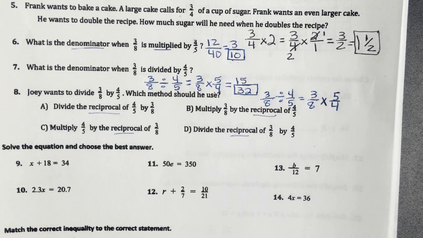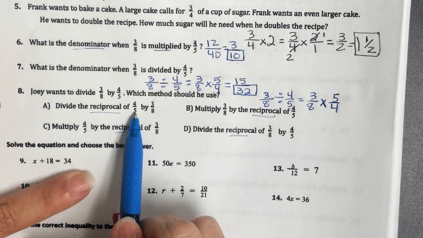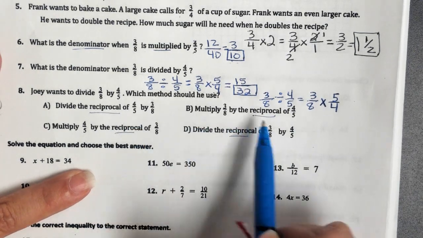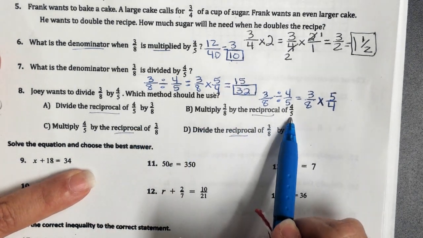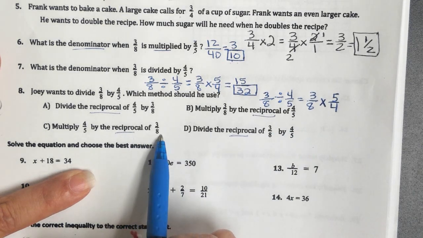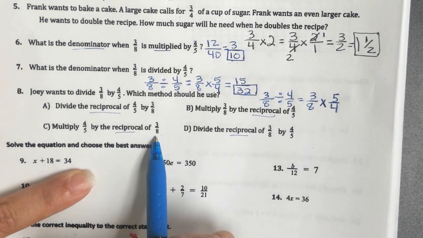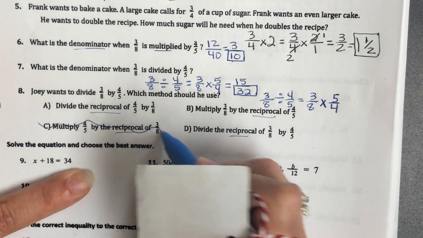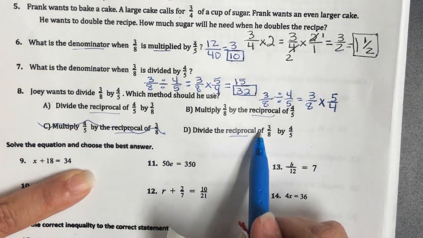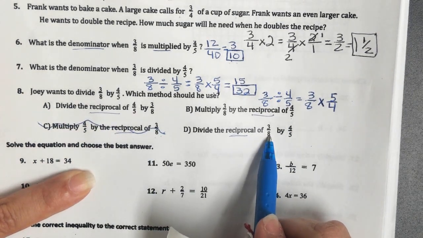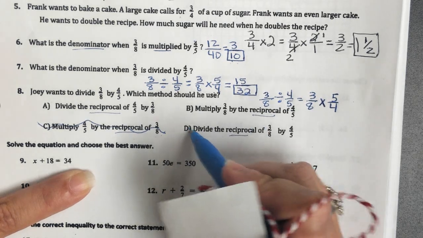So that's the first thing you want to look for in these definitions or sentences. Did you reciprocal 4/5, right? The reciprocal of 4/5. Did you reciprocal 3/8? No, we didn't reciprocal 3/8. Get rid of that one. Did we reciprocal 3/8? No. So these two are wrong.